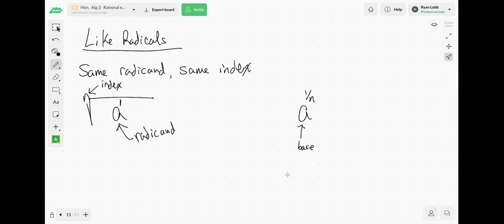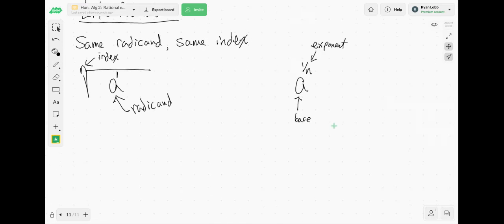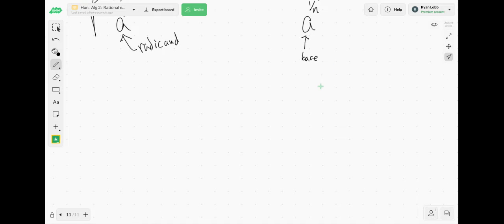So we can think of this base, and then here, this is my exponent. Which now makes sense when you think of like radicals, that what are like terms? Same variable, same exponent. The variable is the base, and then the exponent up here. So that's our like radicals. And when we have like radicals, you can add or subtract them like you would add or subtract like terms.